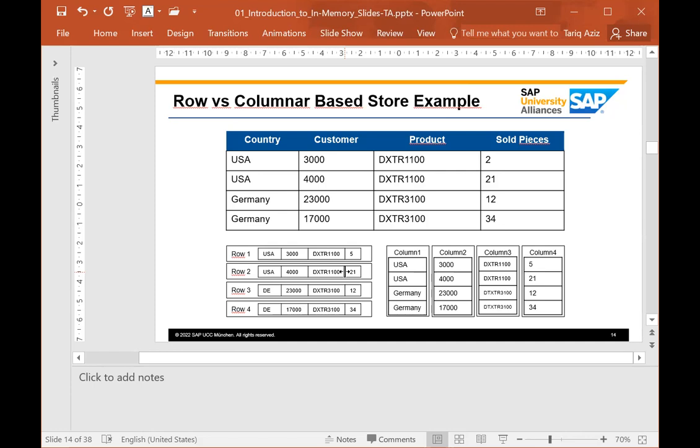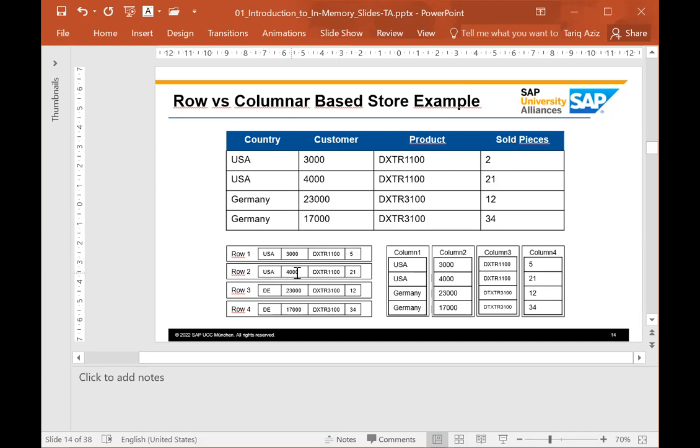Okay. Now, we need 2 columns, the country column, and the price column, or sold pieces, quantity column. Guys, if I need 2 columns in the row based, I have to read all 4 columns, whether I need them or not.